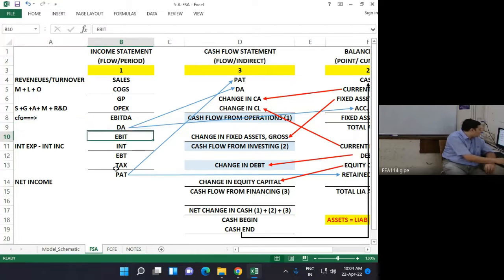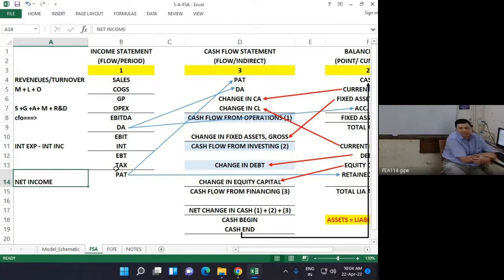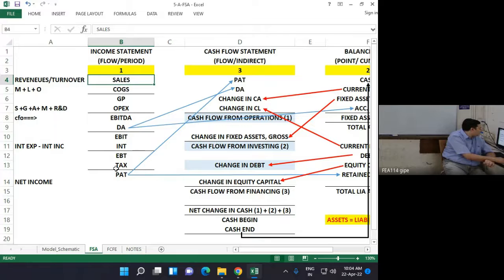After that, interest and tax go out of it, depreciation goes out of it, to get the final profit, which is also called net income. Now, sales can have other names such as revenue or turnover, but they all mean the same. Different names, but the same line item is being referred to. Whenever you start forecasting, the first statement that you will forecast is the income statement.